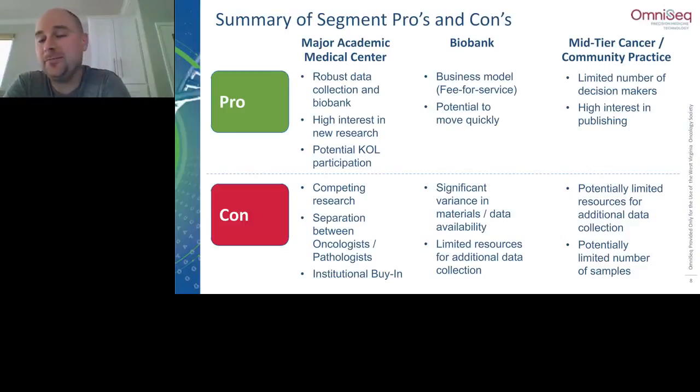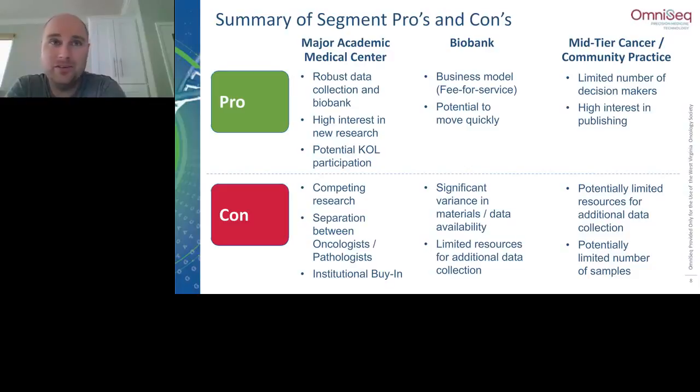Finally, in terms of mid-tier cancer institutes and community practices, the nice thing about working with those institutions is that they tend to have a more straightforward decision-making process. It's easier to identify who the decision maker is, get that person engaged, and hopefully get the approvals you need pretty quickly. They also tend to have a very high interest in publishing.